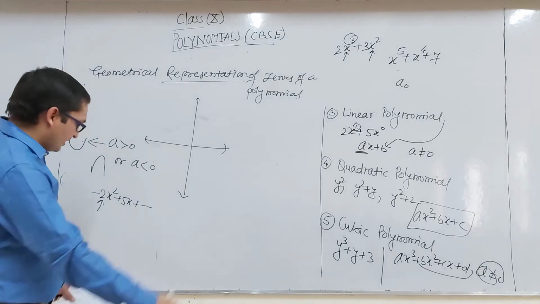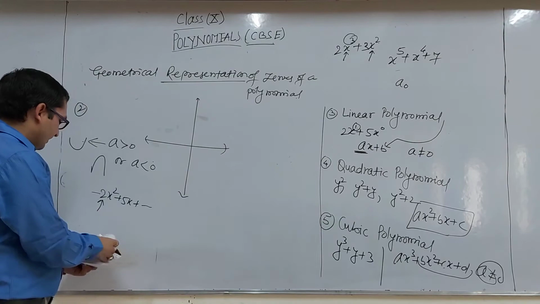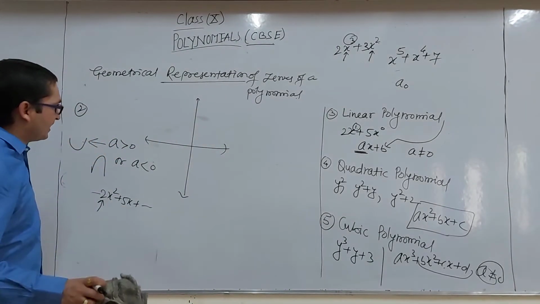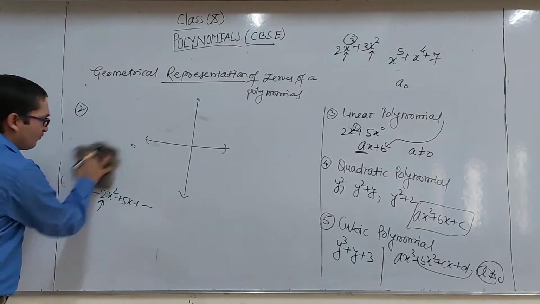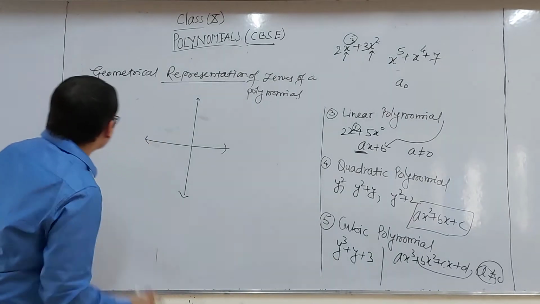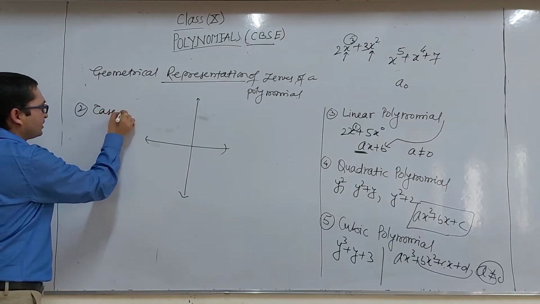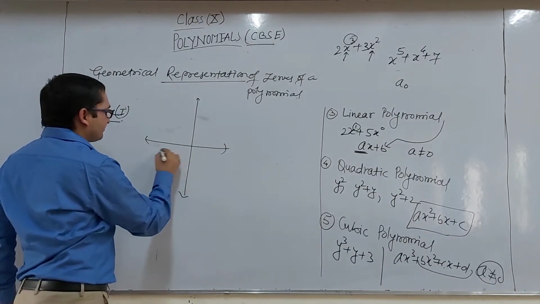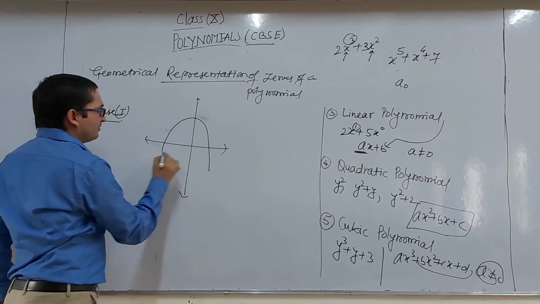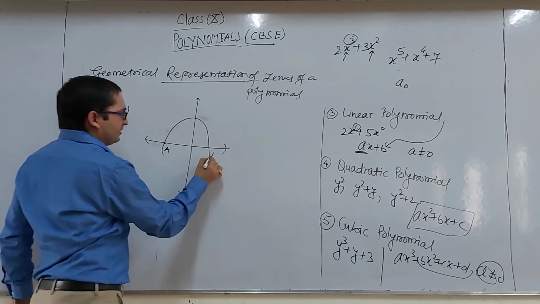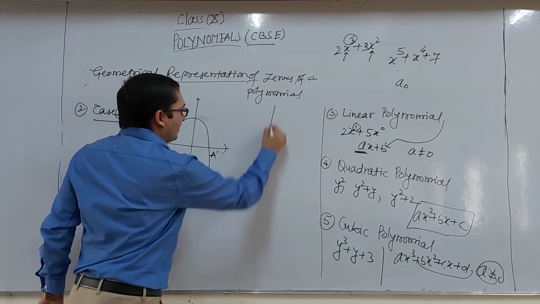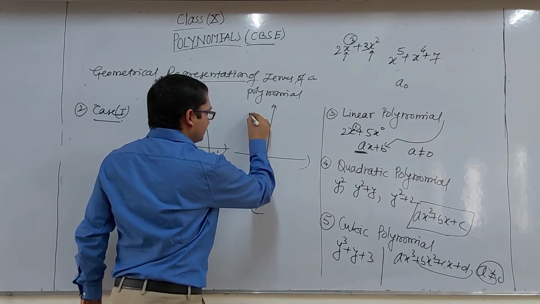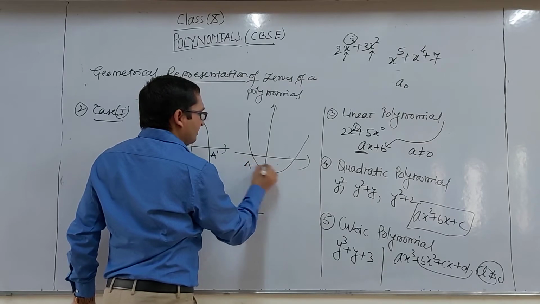So if you are getting a graph like this, there are a total of 3 cases. Case number 1. You will get the graph like this. Suppose this is A and this is A dash.